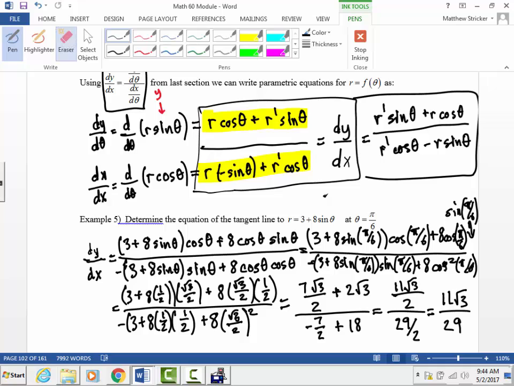That should be 6, which makes this 5 halves, which makes that 11 root 3 over 5. How about that?